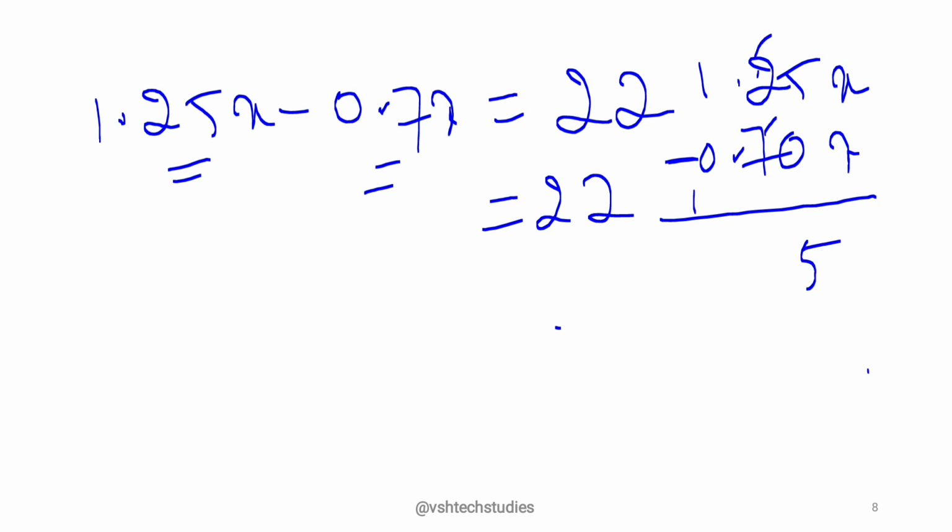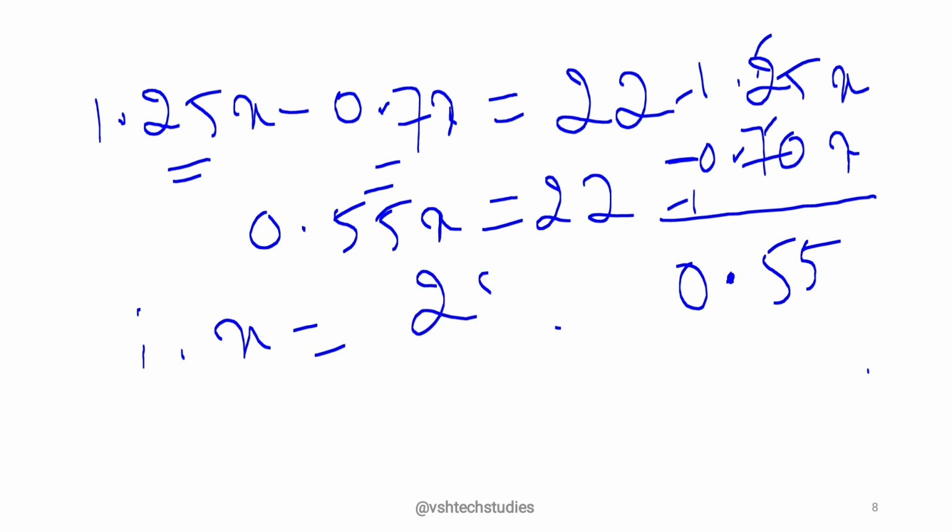Taking a borrow, it becomes 12. 12 minus 7 is 5. This point as it is. This 1 minus 1 is 0. Right? So this side it is 0.55x.